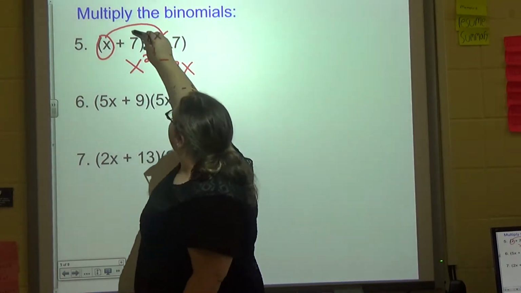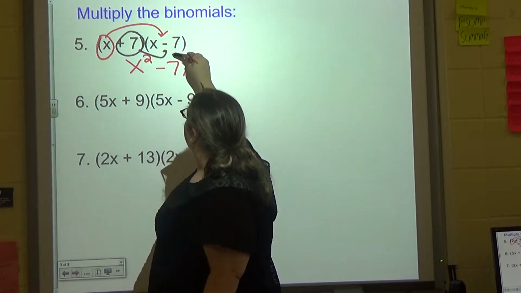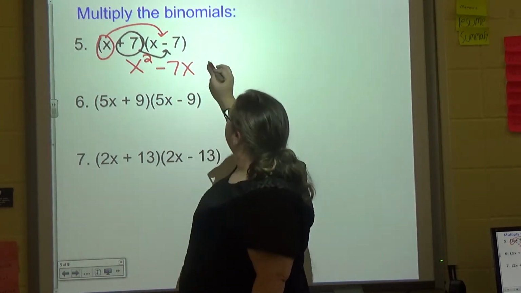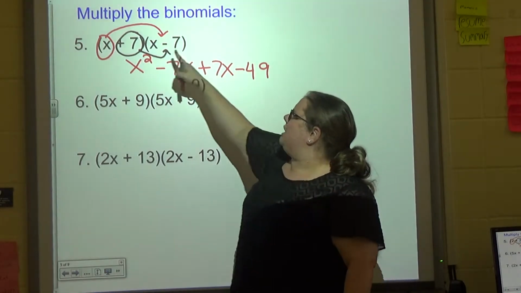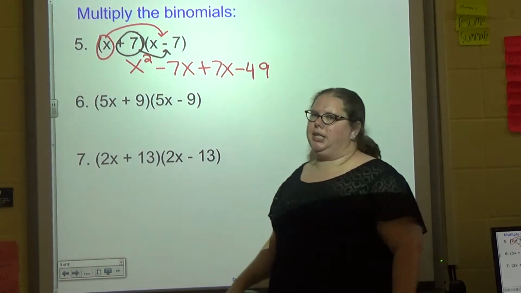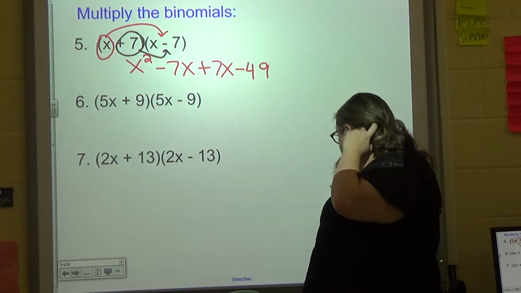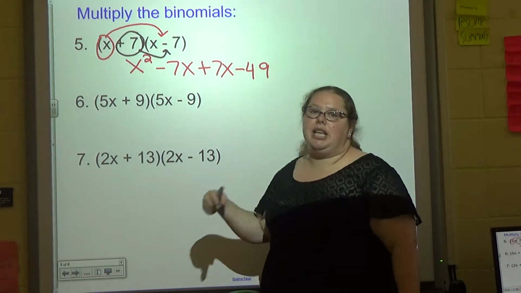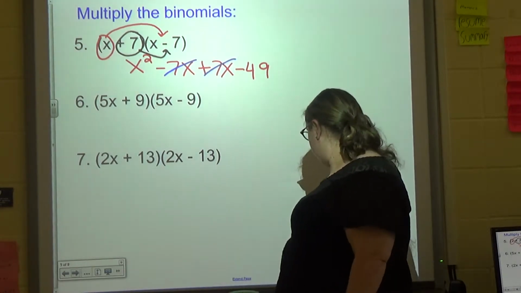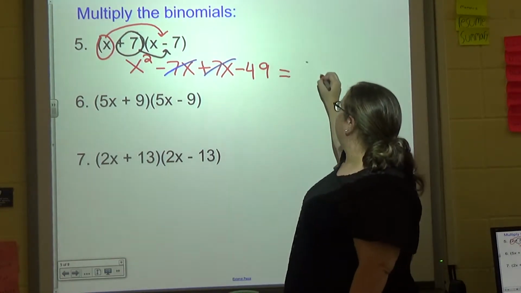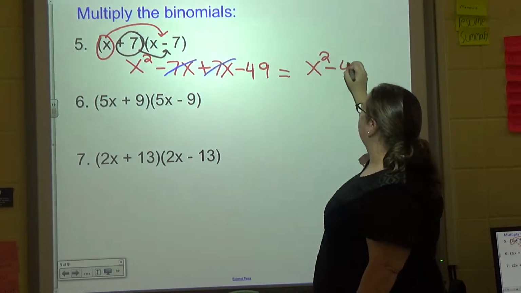And then my 7 has to multiply by both of these. So plus 7x minus 49. Don't forget to multiply. I get a lot of kids that tell me that's 0. So what do you notice about these? Negative 7x plus 7x cancels to 0. So my answer is just x squared minus 49.